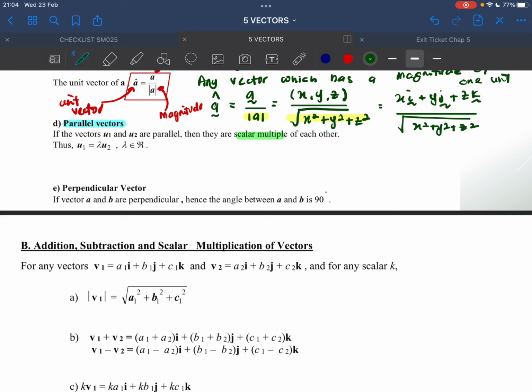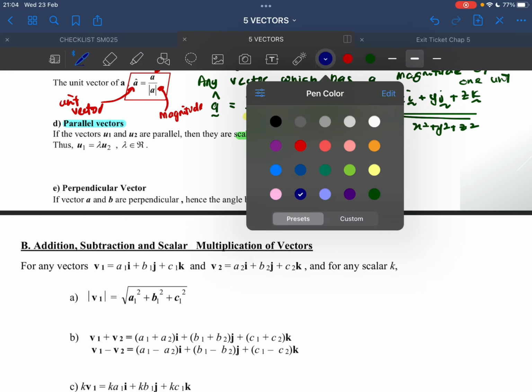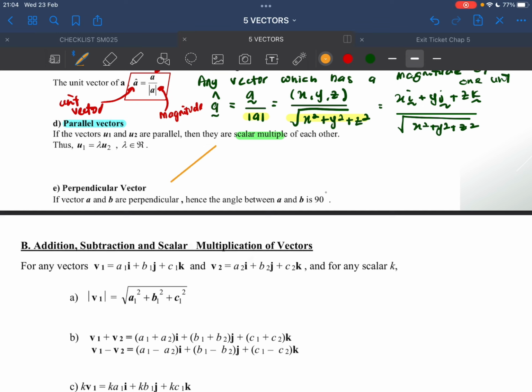Let's say this is vector u1 and this is vector u2. If both vectors are parallel and go in the same direction, that means theta equals 0. We are going to study more on this, and your lambda has to be greater than 0.